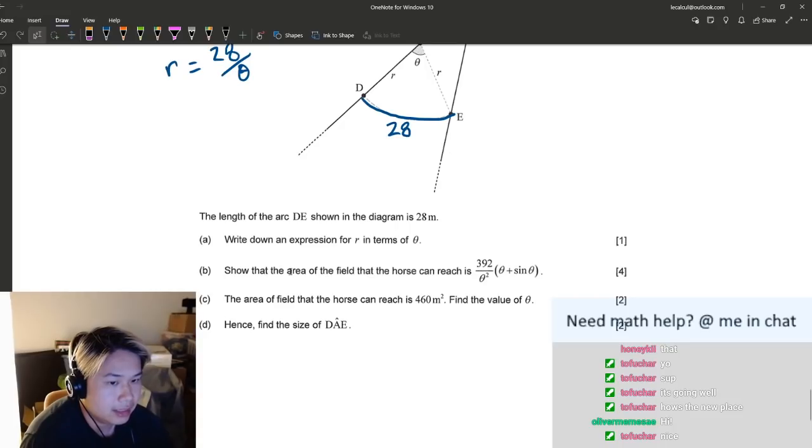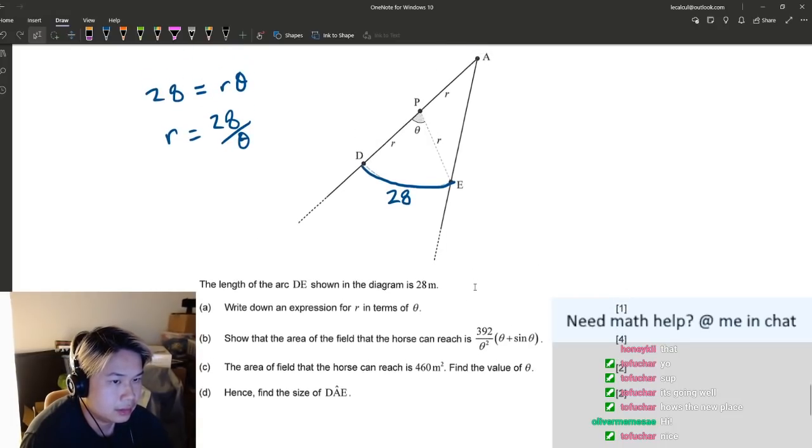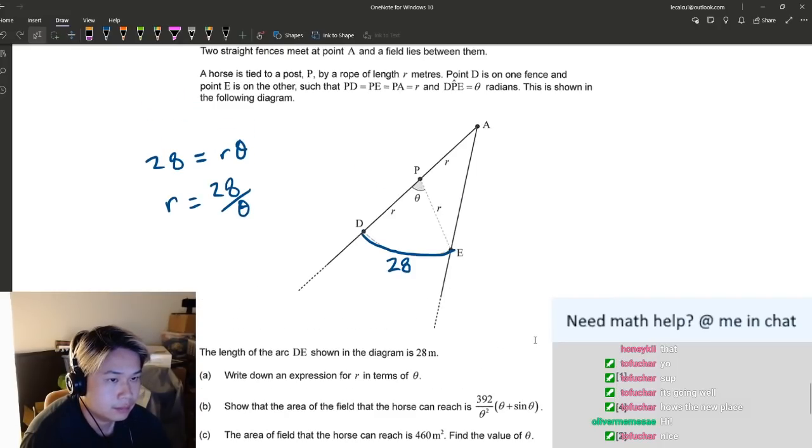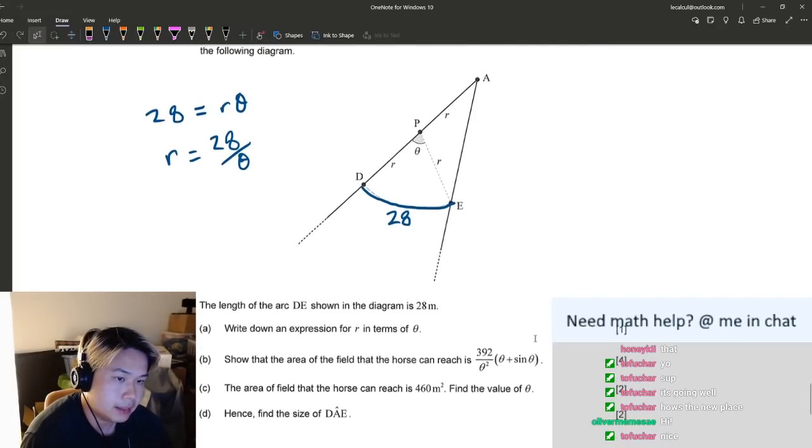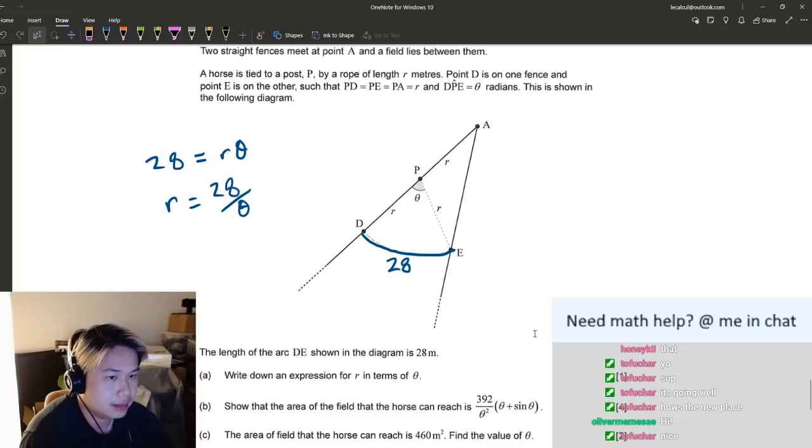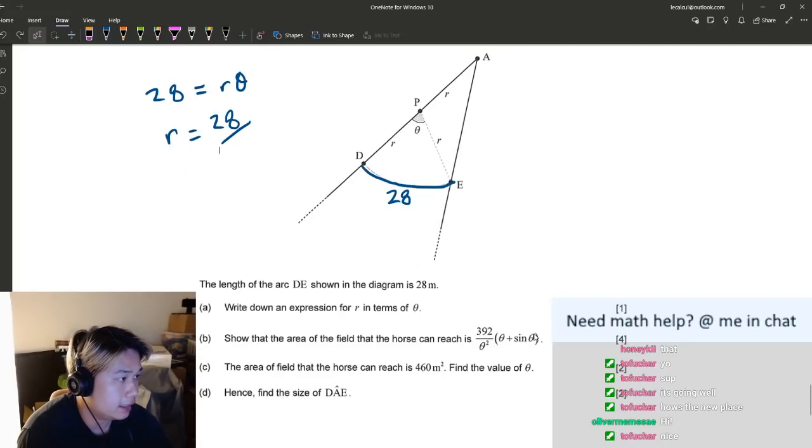Now we need to show that the area of the field that the horse can reach is this value. Okay. So if you imagine this horse, because he's tied to this rope, he can basically only go in this wedge shape. So that area is fairly easy to calculate.